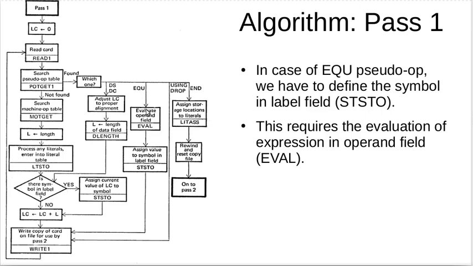For defining the symbol, we need to evaluate the expression in the operand field of the pseudo op. That step is known as EVAL. Next, after evaluation, we can define the symbol in the label field using the function STSTO. This is the case of the EQU pseudo op.